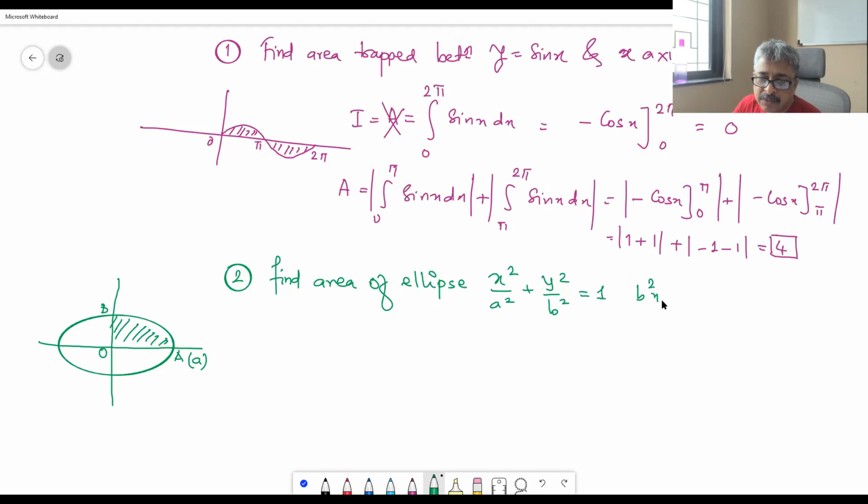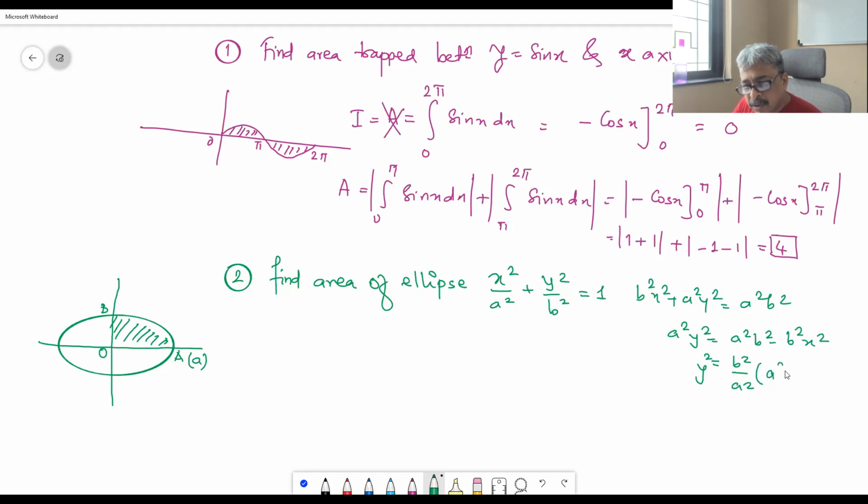So b square x square plus a square y square is equal to a square b square. Right? So a square y square is equal to a square b square minus b square x square. Correct? So y square is equal to b square by a square inside bracket a square minus x square. And therefore, because it is a first quadrant, we can say y is equal to plus b by a radical a square minus x square.